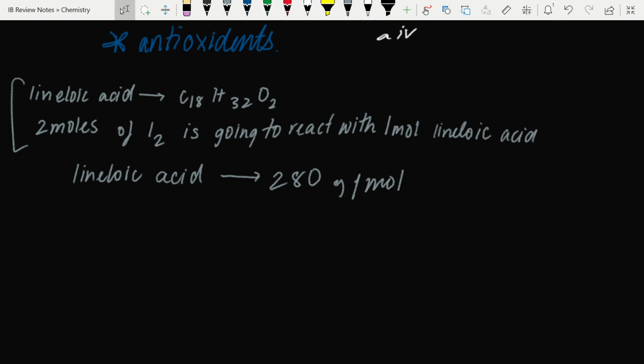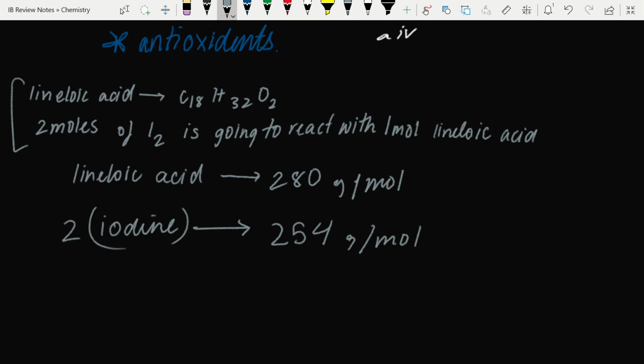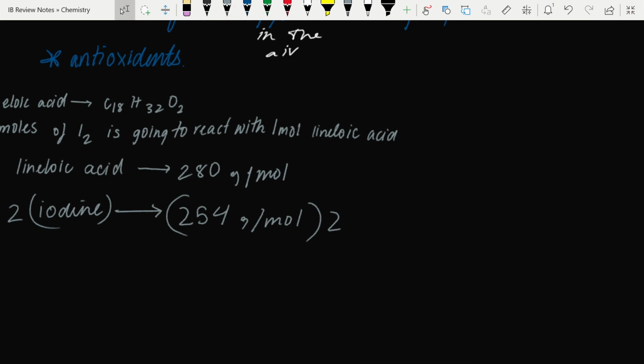And then the molar mass of iodine is 254 grams per mole. And then because there are two iodines, we also multiply this by 2. And then we get 508 grams of iodine.